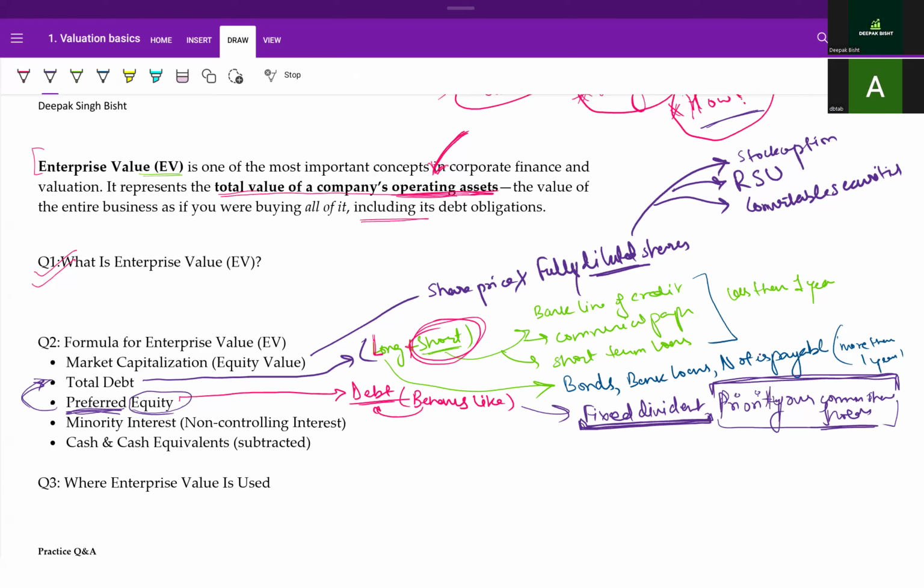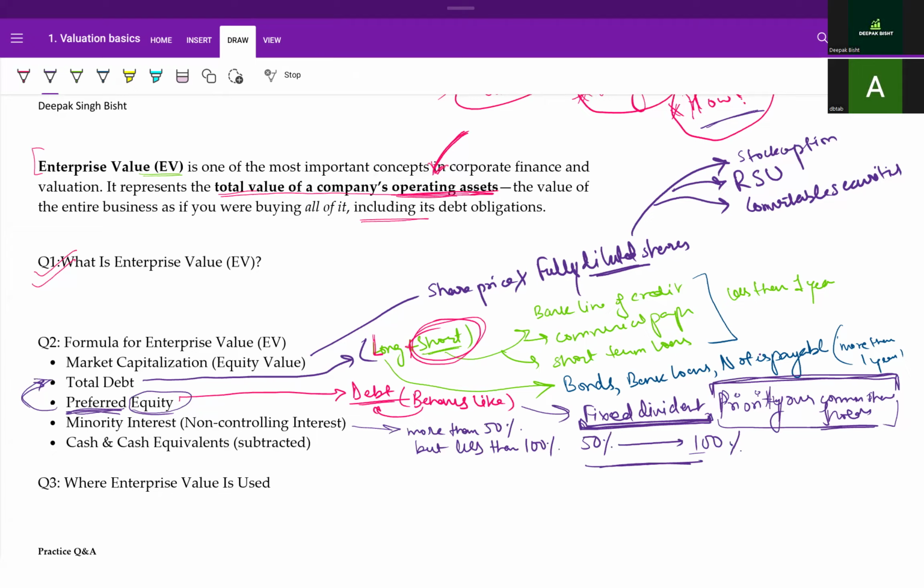And let's talk about the minority interest. Minority interest is non-controlling interest. When a company owns more than 50% of another company, but less than 100%, so in a range of 50% to 100%, not 100%, then this is considered a minority interest or non-controlling interest.